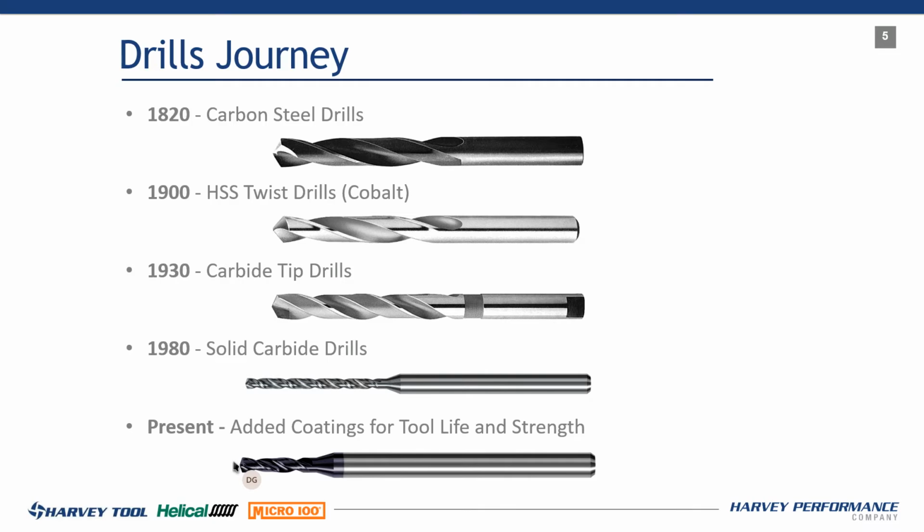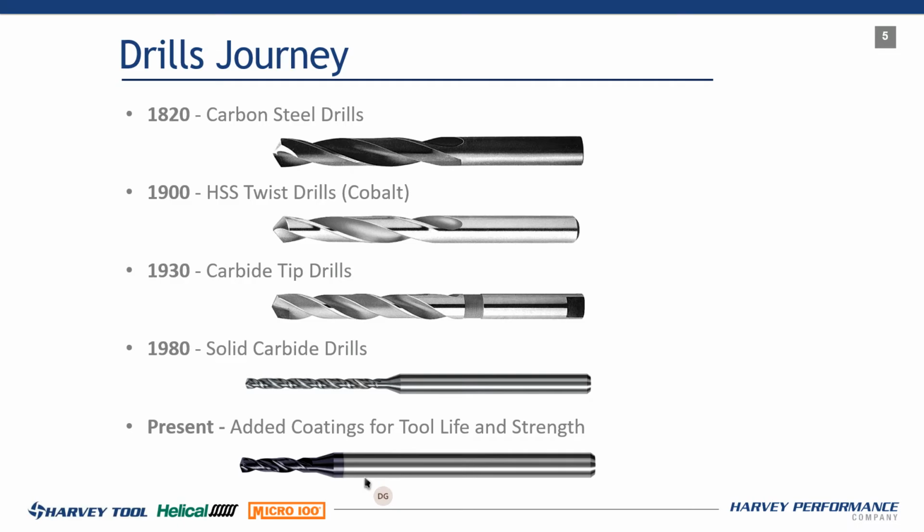So let's talk about a drill's journey real quick, just to give you a little bit of an idea. In 1820, they actually started making drills way back then. They came out with carbon steel drills, which had a lot of carbon in them, and they would heat treat them and use those as a drill. In the 1900s, they switched over to high-speed steel twist drills, and then added cobalt for more hardening and red hardness too, so they would be able to take a little bit more heat.